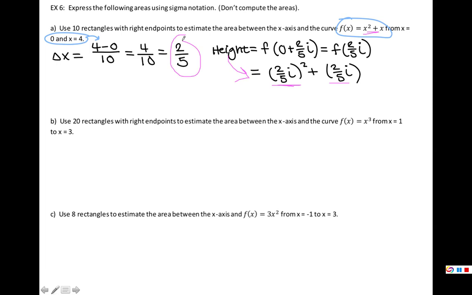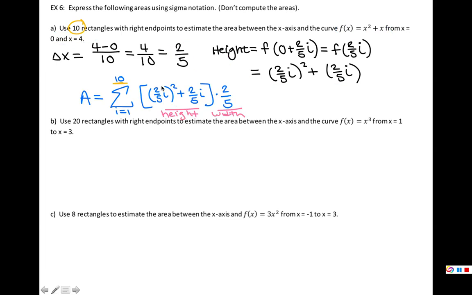And so then I just have to write, we're going to take height times width and put that into a sigma. So my area is going to be the sum from 1 to 10, stopping at 10 because that was my number of rectangles, of my height, which is over on the right side of the screen, times my width, which is 2/5.